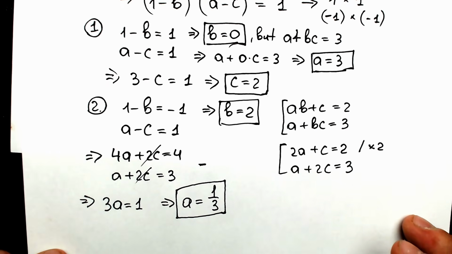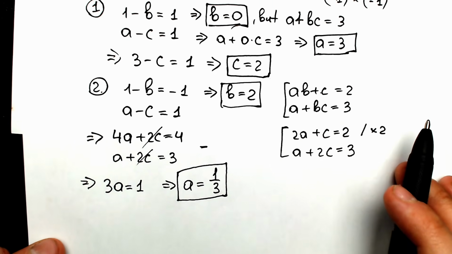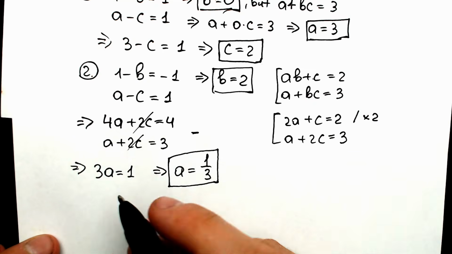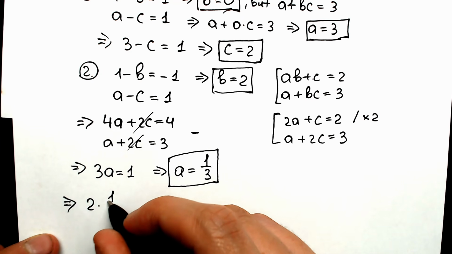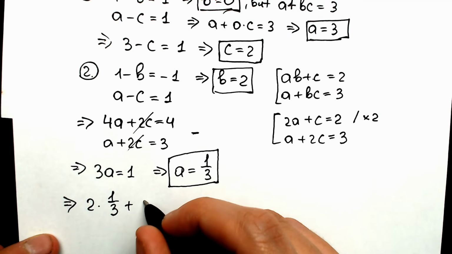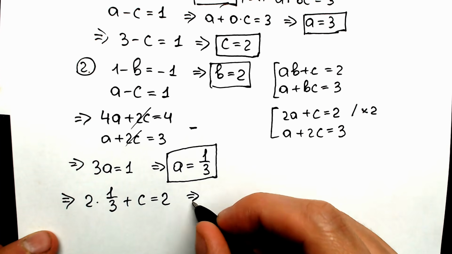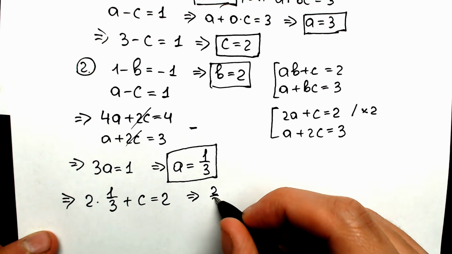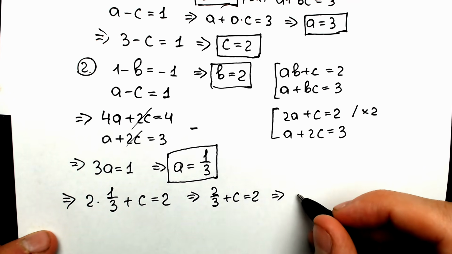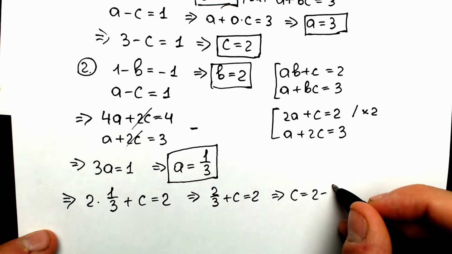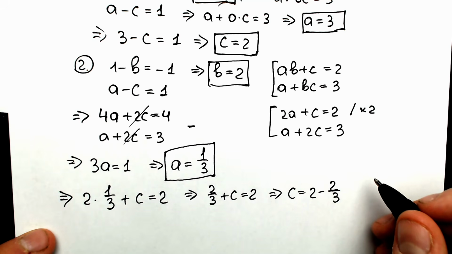How can we solve it for c? For example, right here. So a times b plus c equal to 2. So let's plug in our a and b. So we have 2 times 1/3 plus c is equal to 2. From here we have 2/3 plus c is equal to 2, and from here c is equal to 2 minus 2/3, which is equal to 4/3.